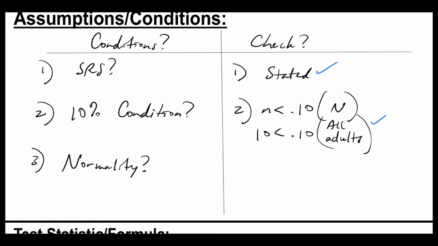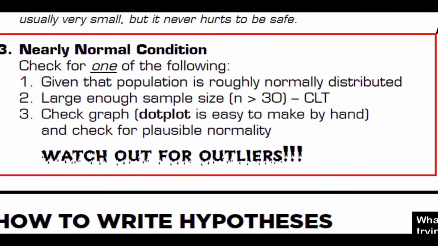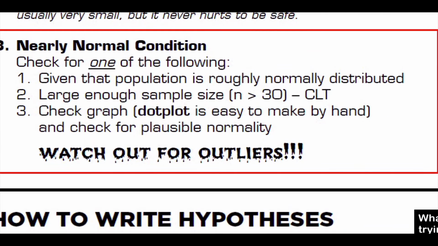Okay, normality. We have 3 options. Given that they told us that the population is roughly normally distributed, or they didn't tell us but our sample size is large enough, or none of them, so we have to graph it and look at the graph to see if there's any outliers. There you go. We're going number one here.